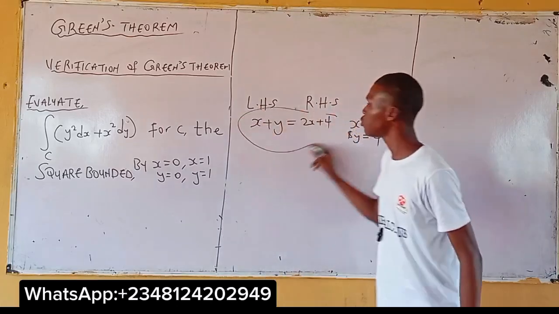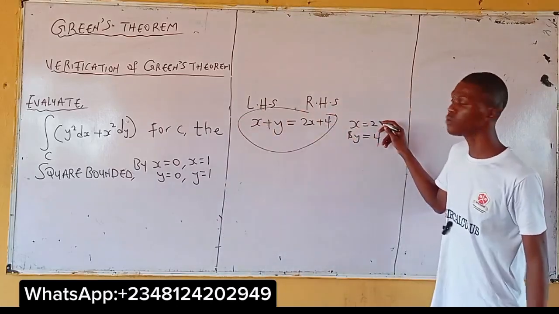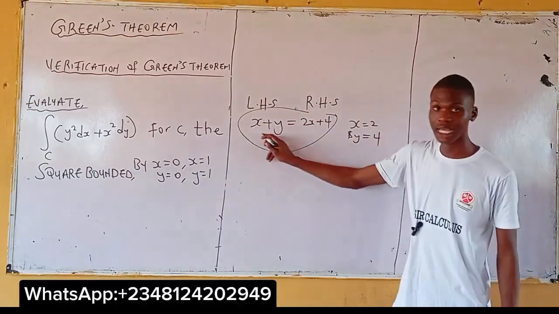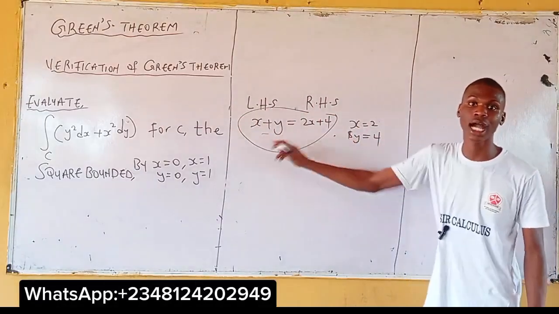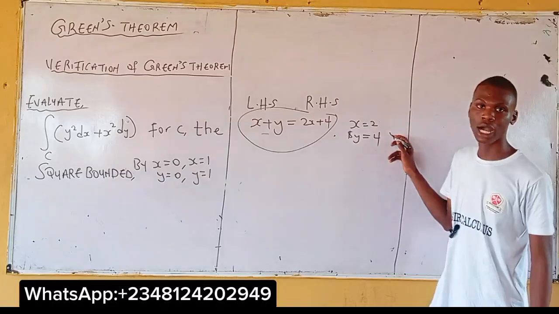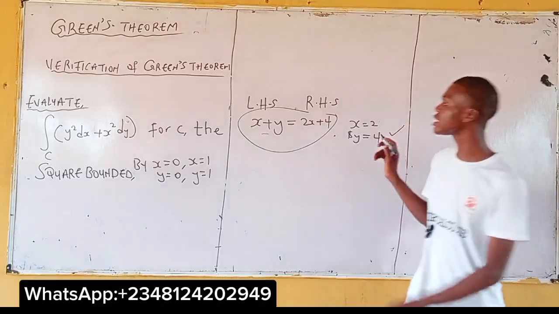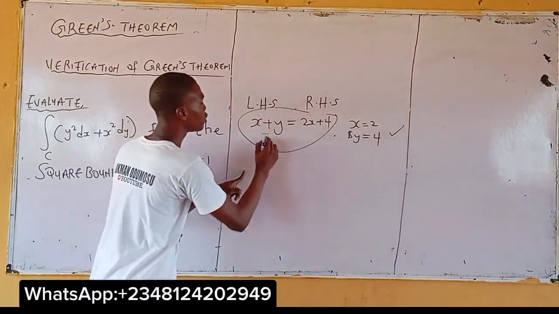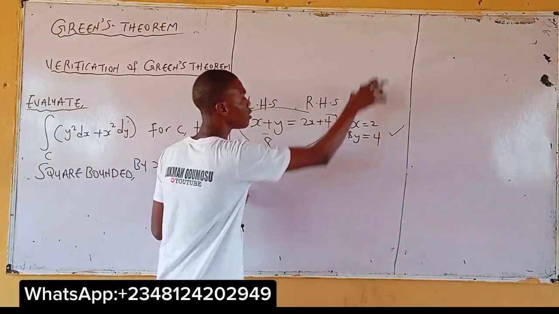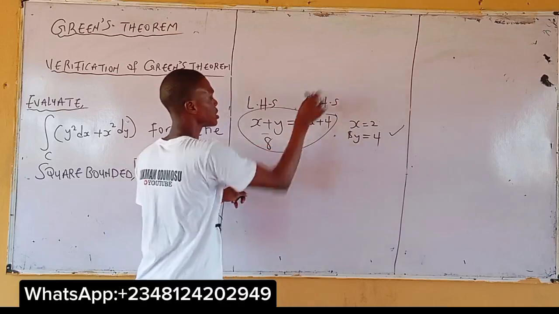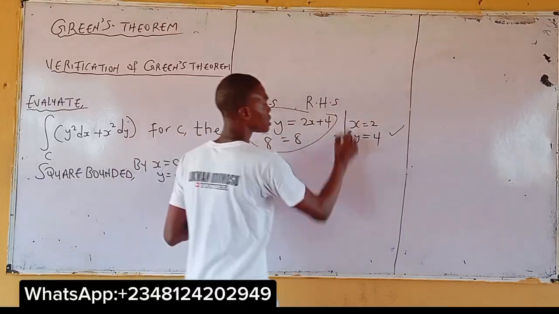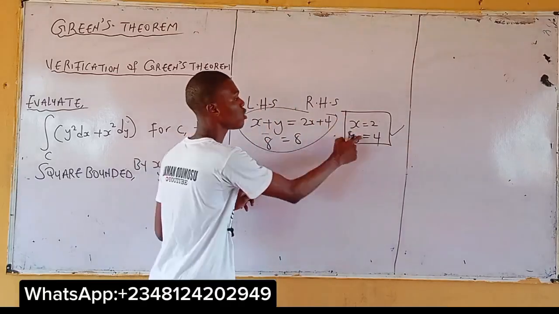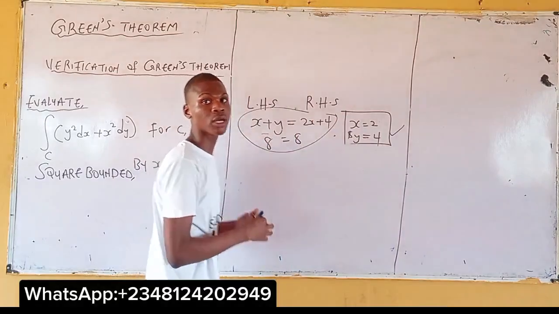This equation is true after substituting both values of x and y into the left hand side and the right hand side, and they are equal, meaning these two values are correct. Let's say you substituted the values of x and y into the left hand side and got 8. You also substituted the values 2 and 4 into the right hand side and also got 8, meaning that these values are correct for this given equation. Are you getting it? So that's what we are doing.